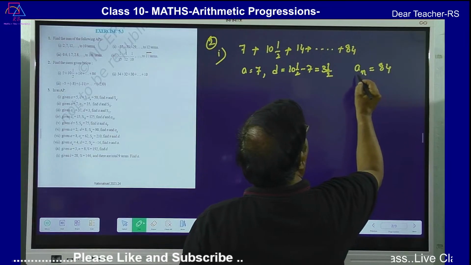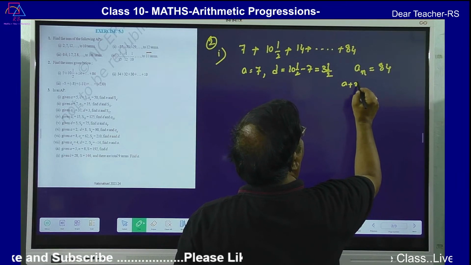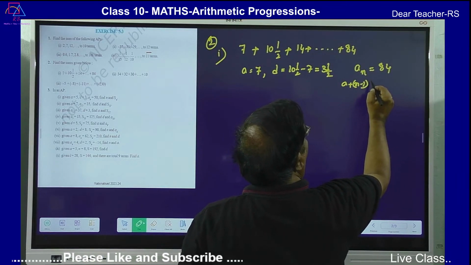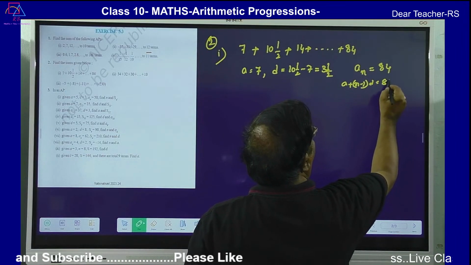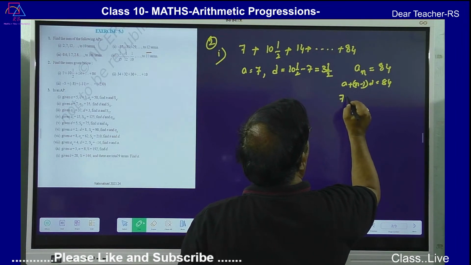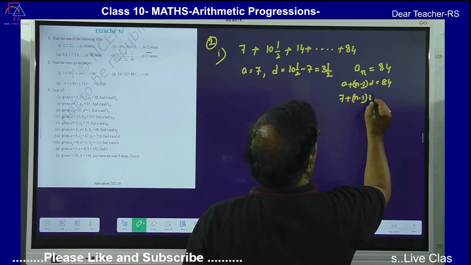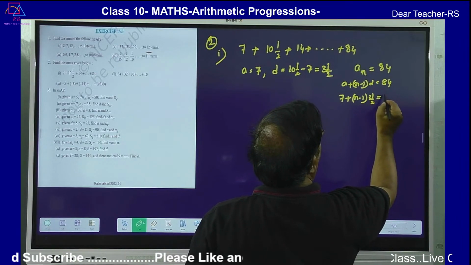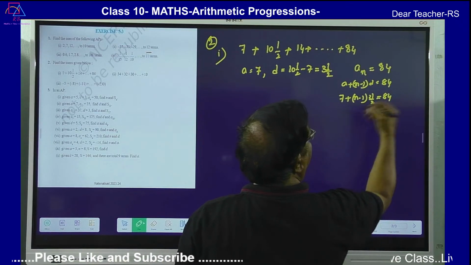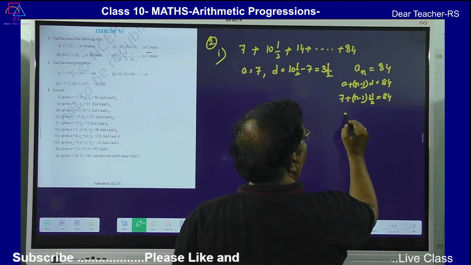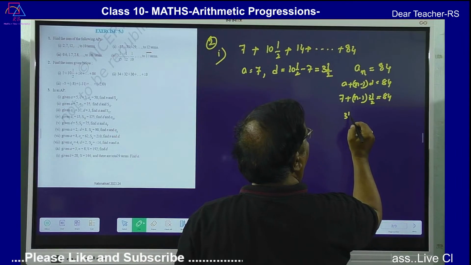Put this in the formula and find out n first. So a is 7, (n minus 1) into d, which is 3 and a half, is equal to 84. Send 7 to the other side.